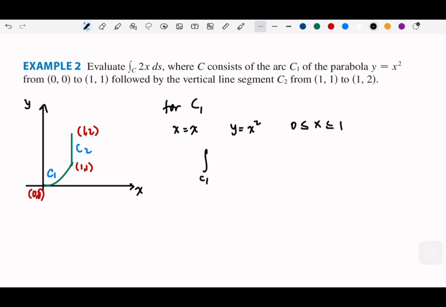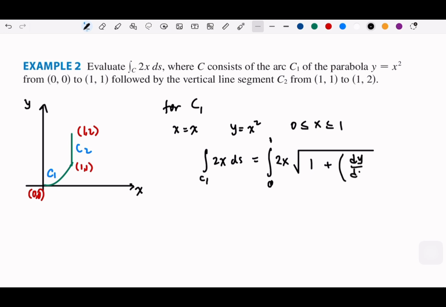So the line integral for C1 is basically the integral from 0 to 1, using x as the integration variable, of x times the square root of 1 plus (dy/dx) squared dx.